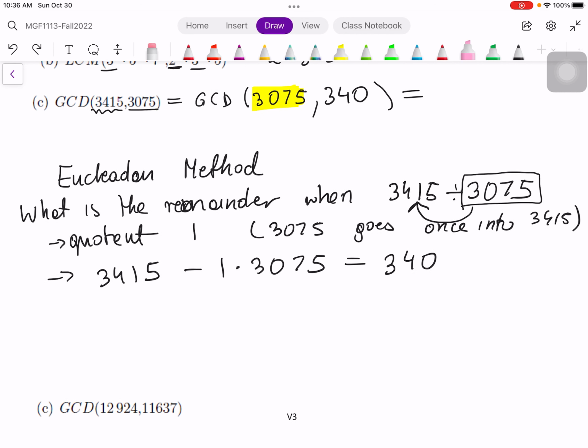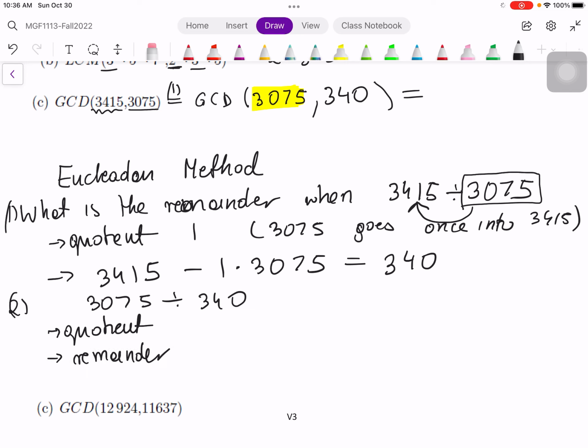So let's repeat this. That was 1, now it's number 2. I'm looking at dividing 3075 by 340, and I need to know the quotient to figure out the remainder.